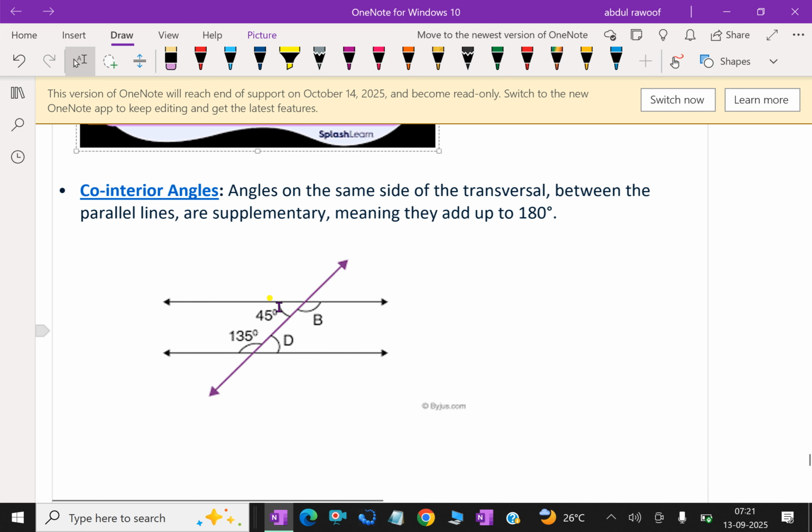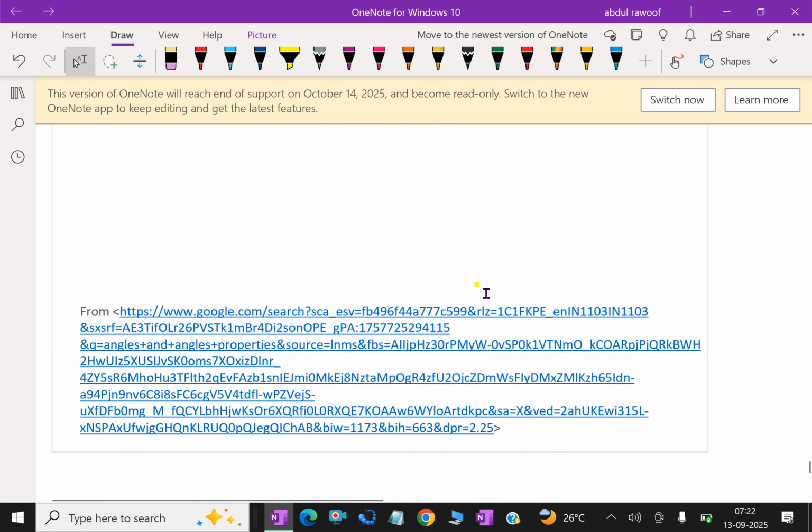Look at here, 45 and 135 are co-interior. If added together it becomes 180, so it's called a co-interior angle. Suppose you measure angle B and angle D, and if you add them up and it is 180 degrees, then we can say they are co-interior angles, or supplementary, meaning 180 degrees.